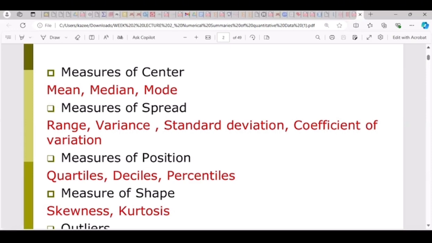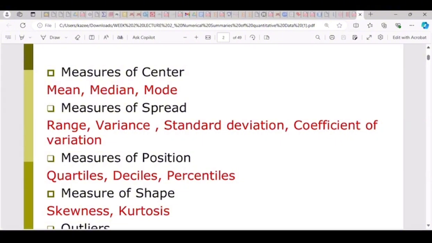Are they narrowly around the mean or widely around the mean? We also want to know that. So with that, we were talking about the measure of spread. What we normally use are the range, the variance, the standard deviation, and the coefficient of variation. I'm also going to identify situations where each of the measures is appropriate.